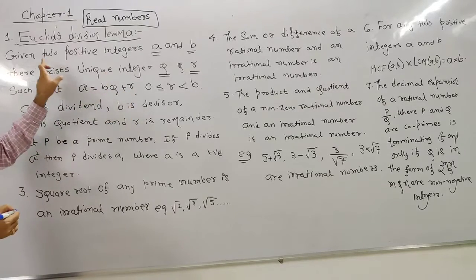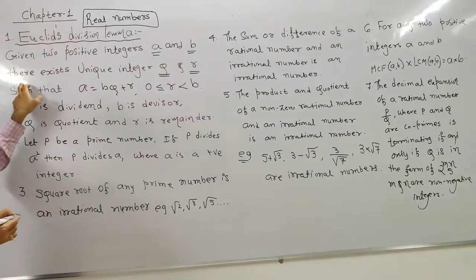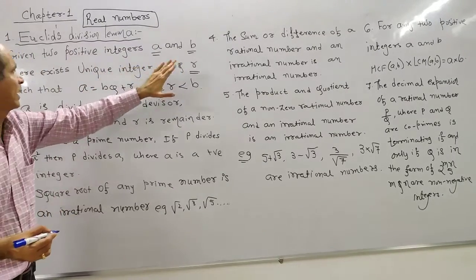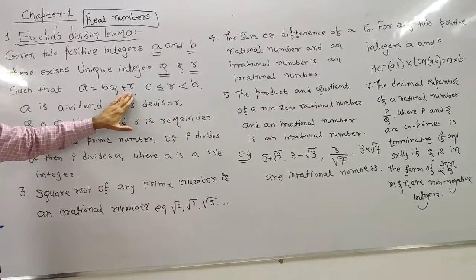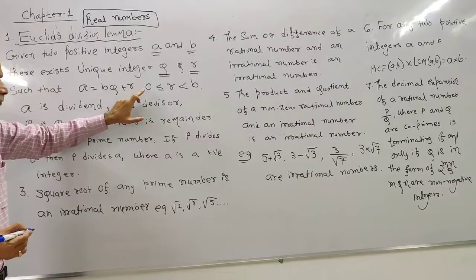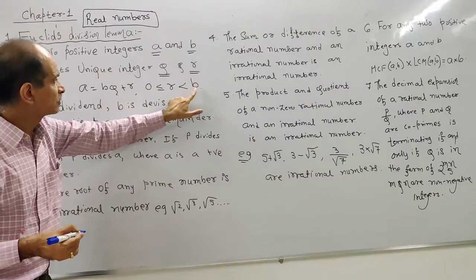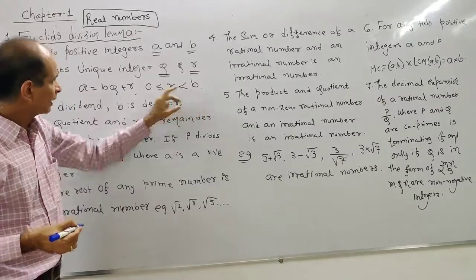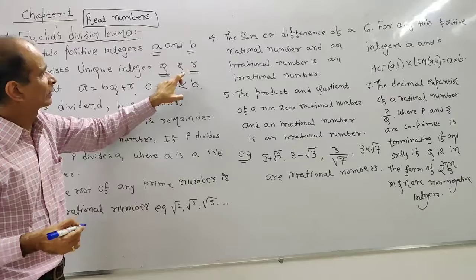Again, for two positive integers A and B, we get two integers Q and R such that A is equal to BQ plus R, where 0 less than or equal to R less than B. Suppose B is equal to 4, then the value of R is 0, 1, 2 and 3.